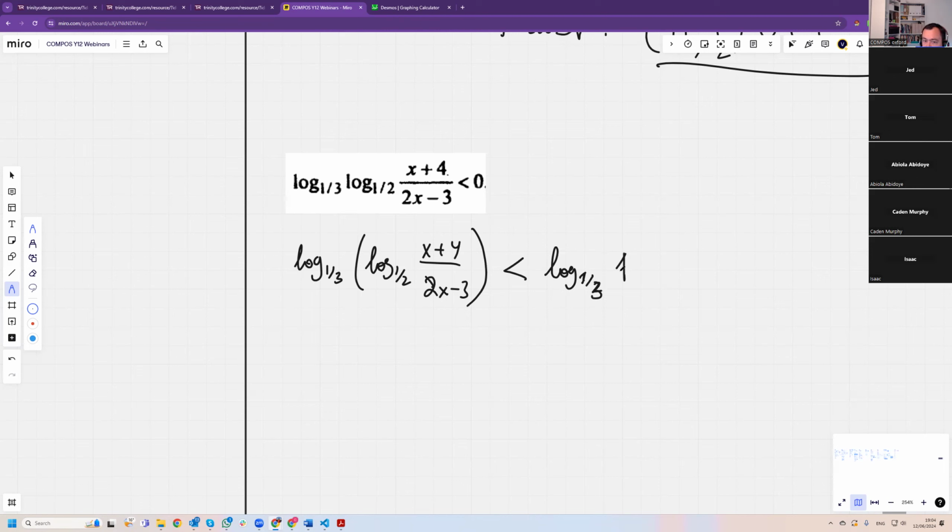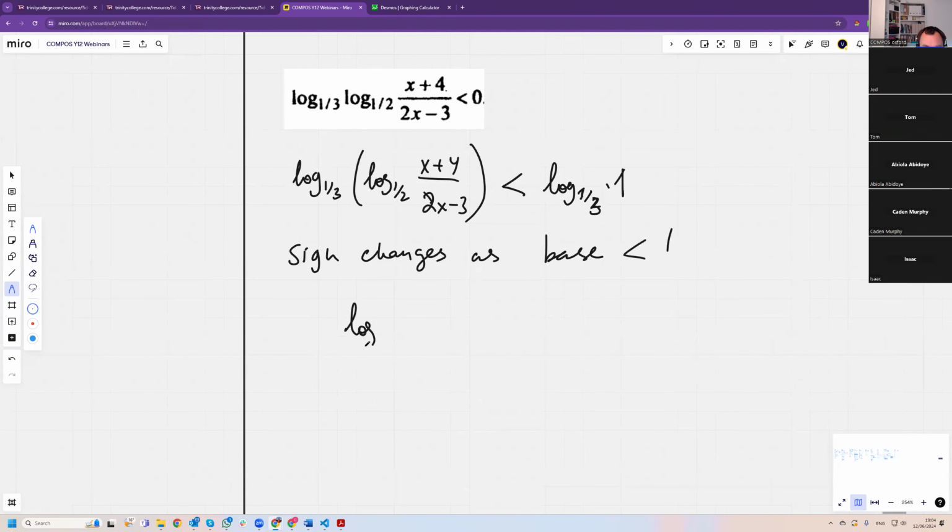Because 0 is the logarithm of 1. And we can remove the logs, but because the base of the log is less than 1, we have to change the sign, as the base is less than 1.